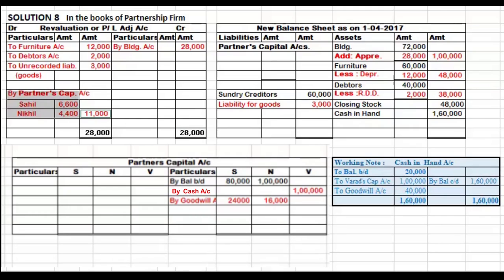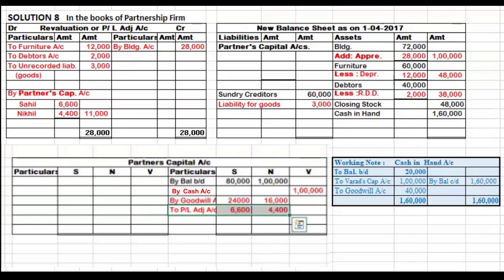We distribute this profit on revaluation among the old partners in old profit sharing ratio. So Sahil's share in the profit is 6,600, Nikhil's share 4,400. We record this on the credit side of partners capital account in Sahil's and Nikhil's amount column respectively.